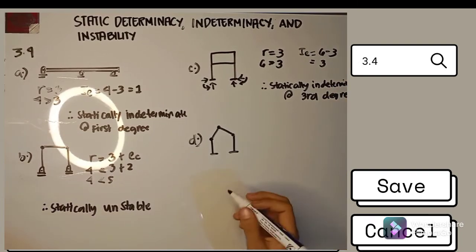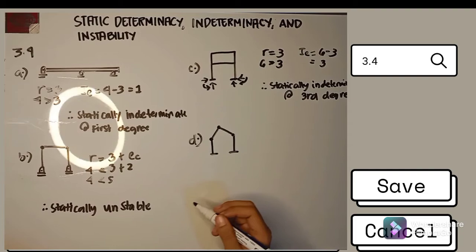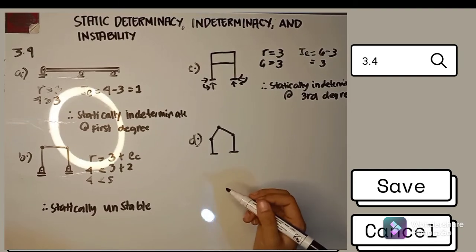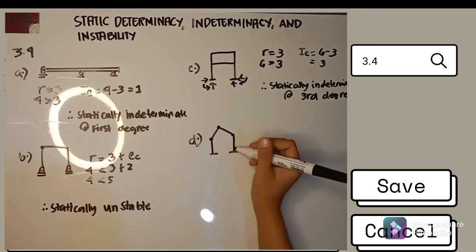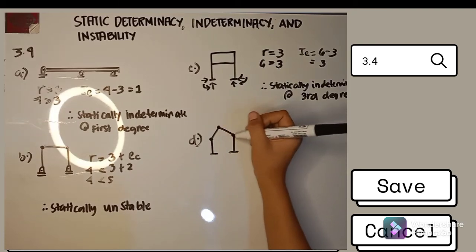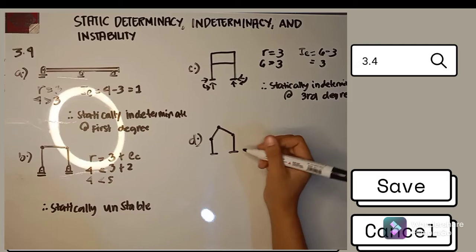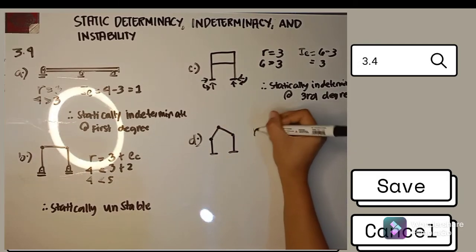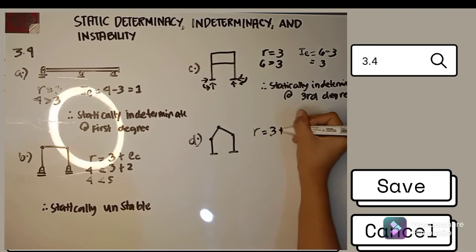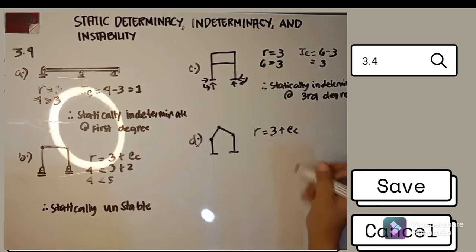And lastly, for our 3.4, we have here a gabled frame that is fixed and has three internal hinge rather. So, R is equals to 3 plus EC.